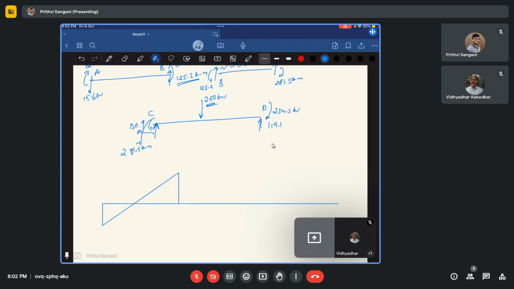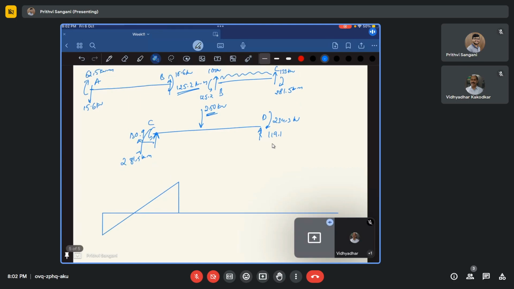So yeah, this thing, and yeah, we have a UDL in span BC, so we need to be very careful while drawing the UDL there, right? So here it is 125, that is fine, and at C it is 281.5, so that is again at the top. Okay, there is a hogging moment coming there. That means it will start again the same place, but it will be a little higher. That is 281. Okay, and it should be parabolic.